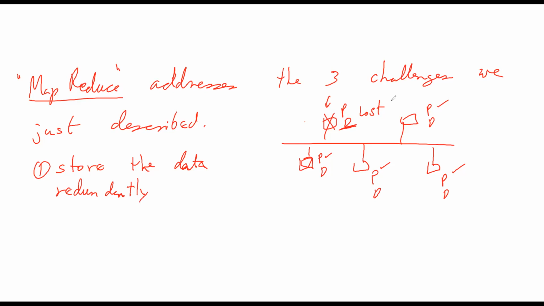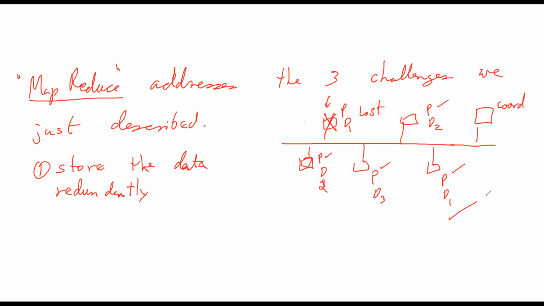So now let's say we give these designations: this is data 1, data 2, and then this is data 1, or let's say this is data 2, this is data 1, and this is data 3, and there's another data 3. So even if this one went down, it doesn't matter.